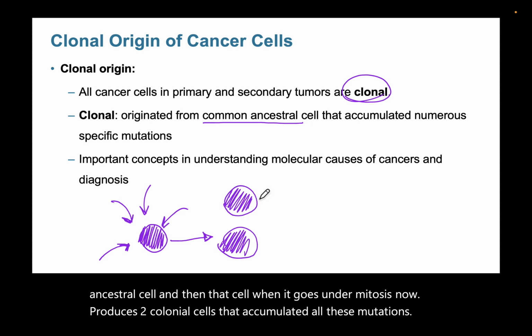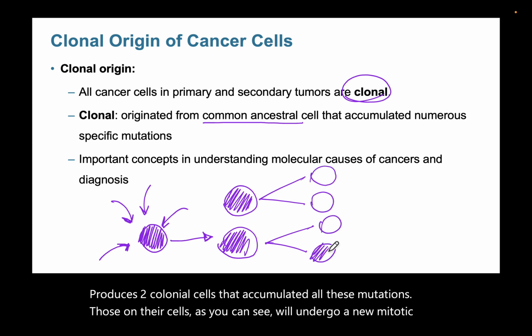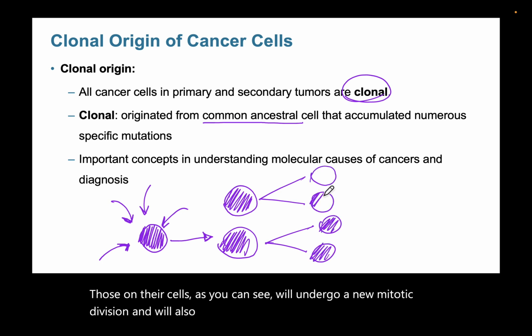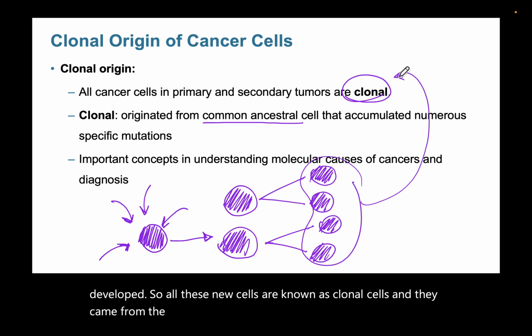Those other cells, as you can see, will undergo a new mitotic division and will also carry the mutations that the original cell developed. So all these new cells are known as clonal cells, and they came from the original cell that accumulated specific mutations.